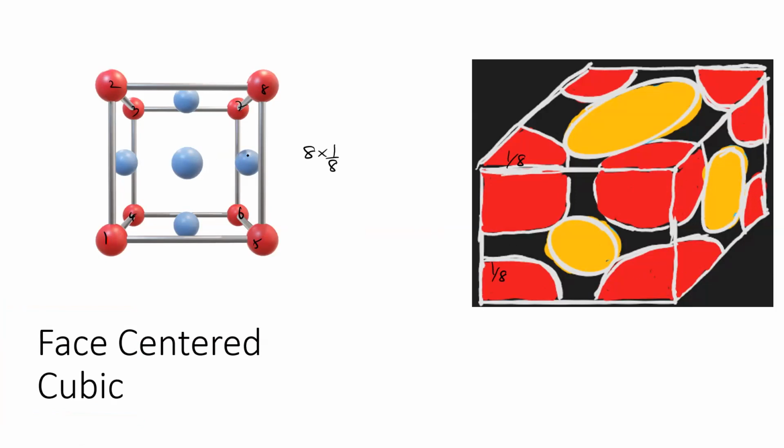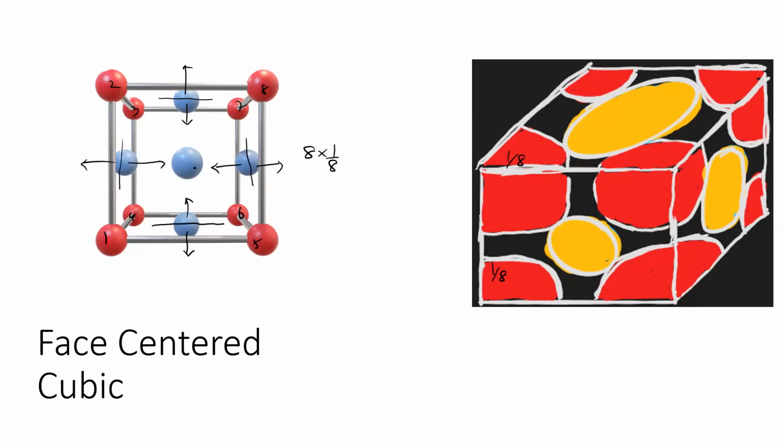The blue color contribution for this particular unit cell is 1 by 2. For the nearby bottom unit cell, it is 1 by 2. For the right unit cell, 1 by 2, and for this particular unit cell 1 by 2. Top of this also 1 by 2, and the other contribution to another unit cell is 1 by 2.